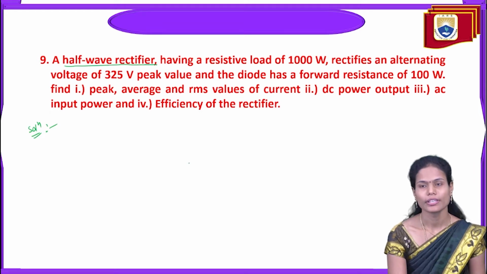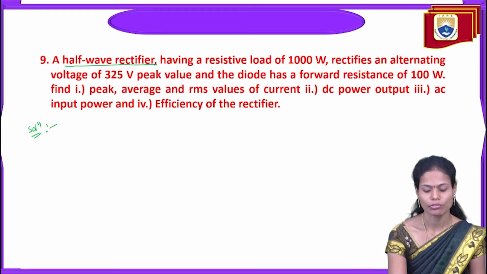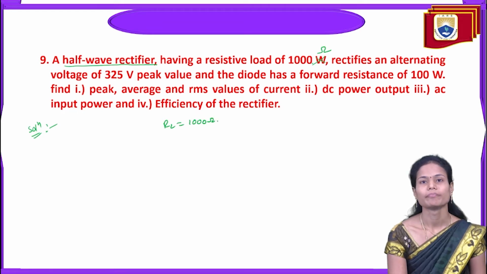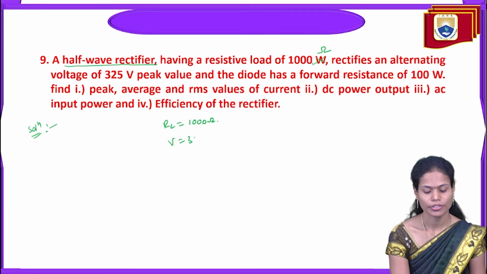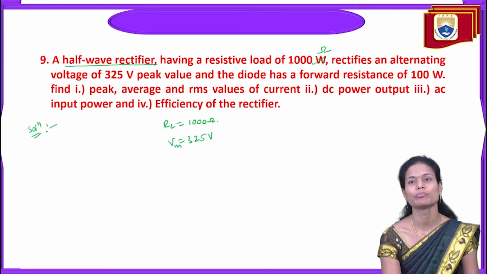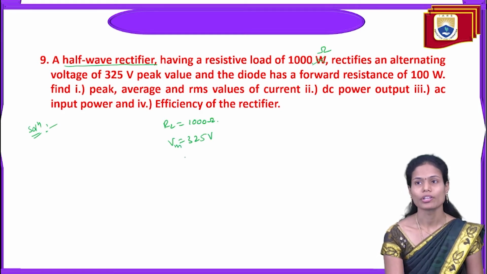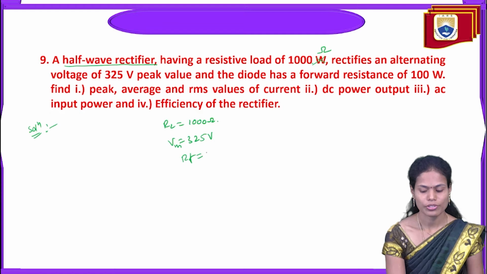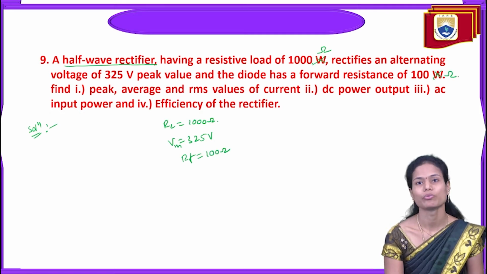The load resistance value is given as 1000 ohms, and the AC voltage is given as 325 volts peak value. Peak value is nothing but Vm, directly given. And the Rf value is given as 100 ohms.